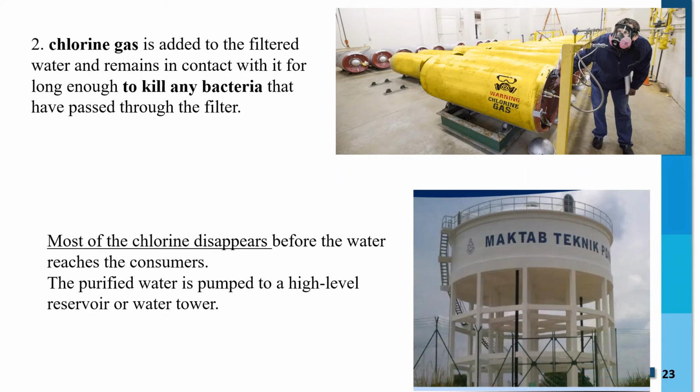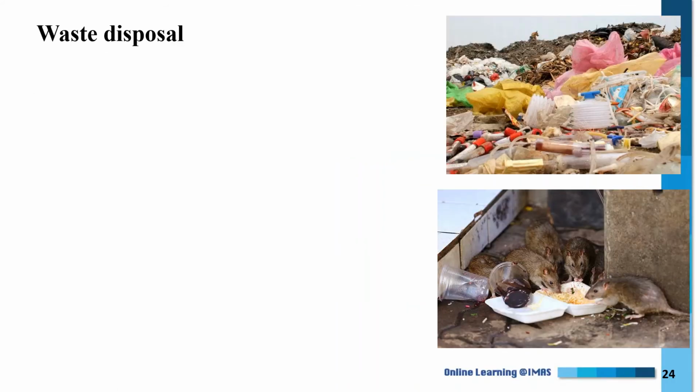After that, most of the chlorine will disappear before the water reaches the consumer. All right, and the water will be kept in these big tanks, to protect it, in a reservoir or water tower.